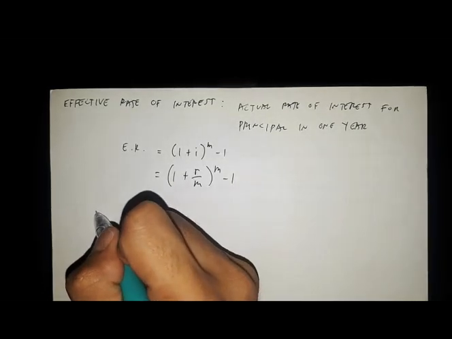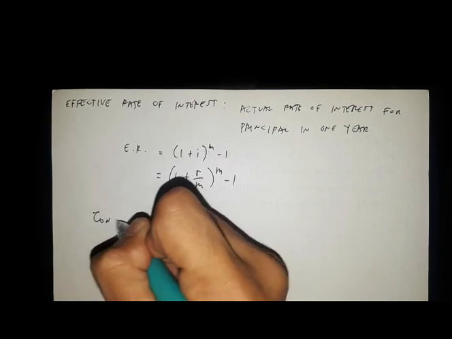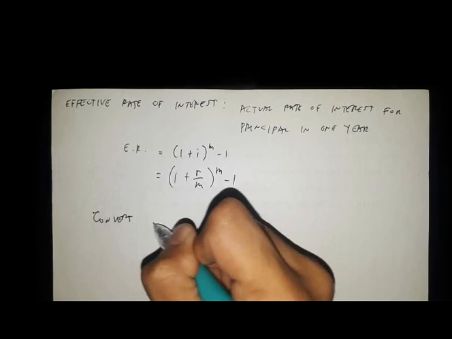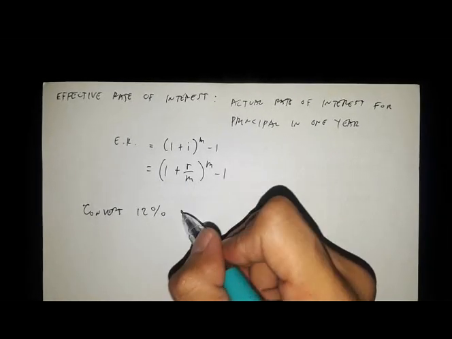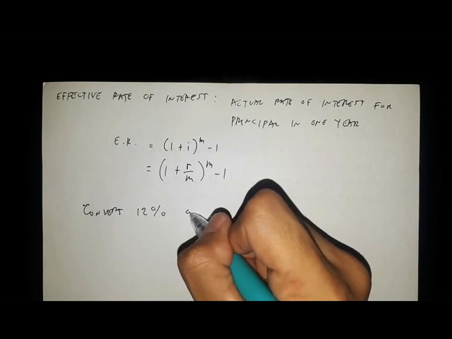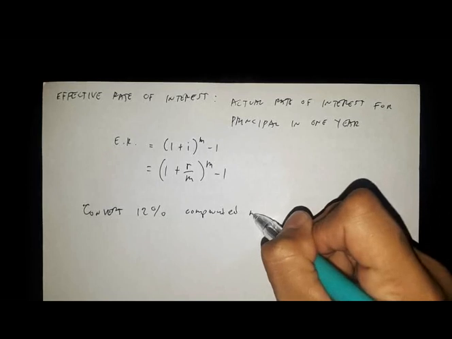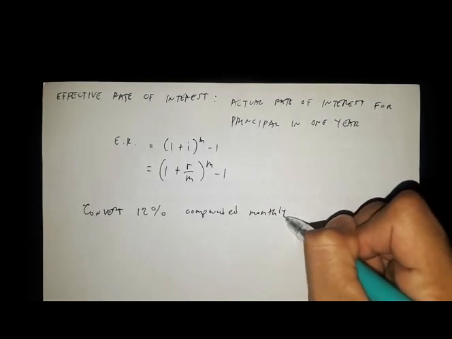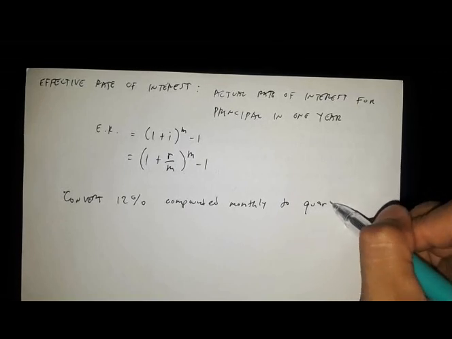For example, we have: convert 12% compounded monthly to quarterly.